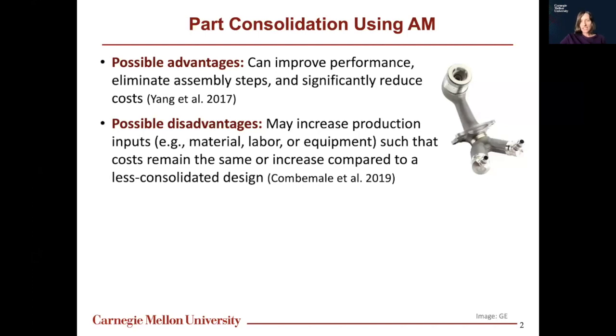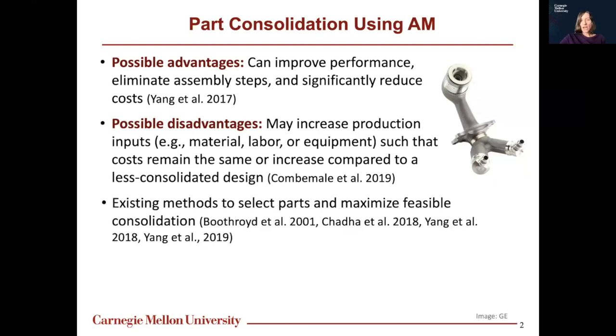But in other contexts, we've also seen that consolidation has the potential to increase other production inputs, such as the material and the labor that's needed to produce these parts.